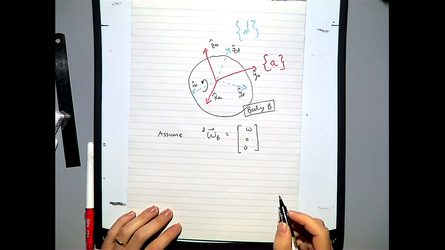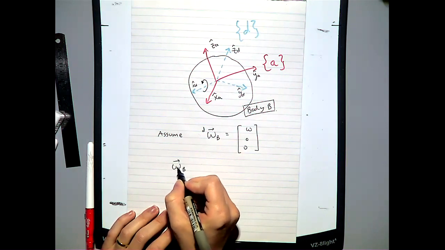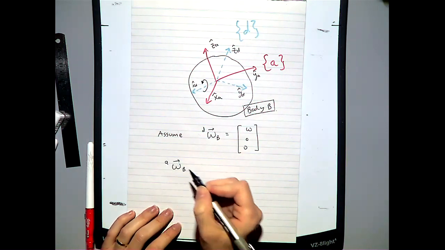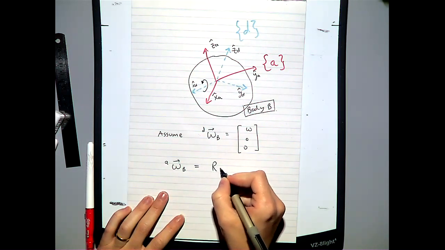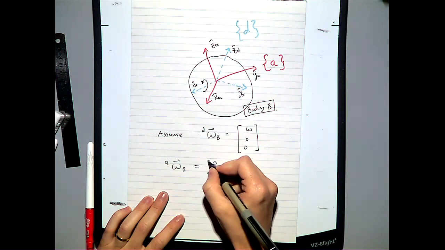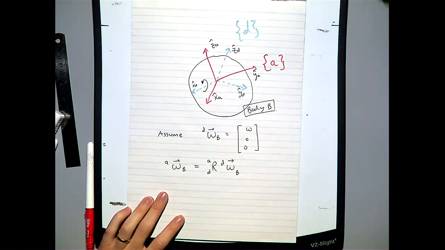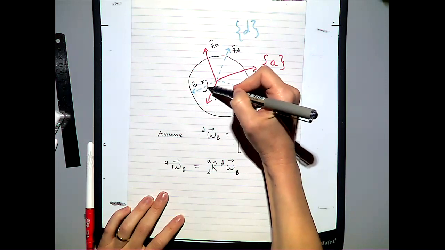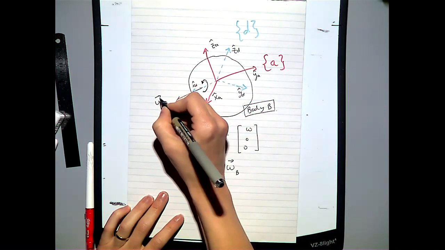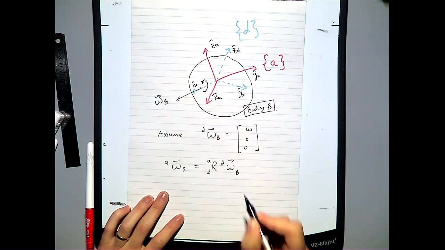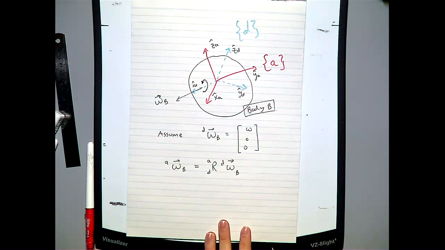We can express omega in frame A as well, just using the rotation matrix from D to A. So the same vector of angular velocity, this omega of the body, we can express either in frame D or in frame A.